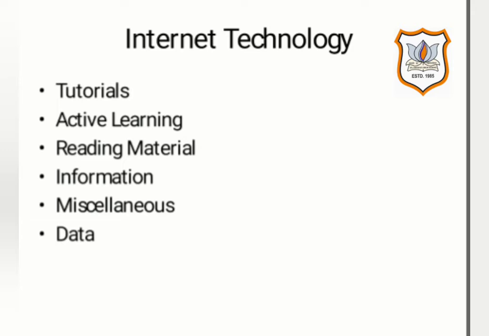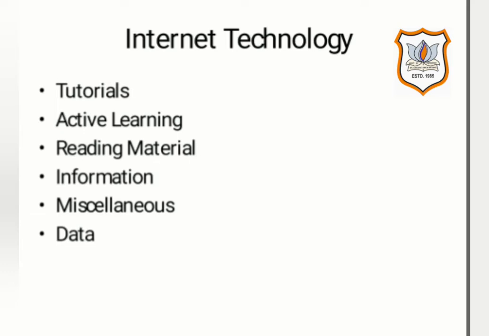Third, reading material. Various books are available online free of cost for reading. Even some good research articles or copies of journals are available for reading. Some articles, books and journals can be accessed by paying annual fees. These materials are called e-books or e-journals.